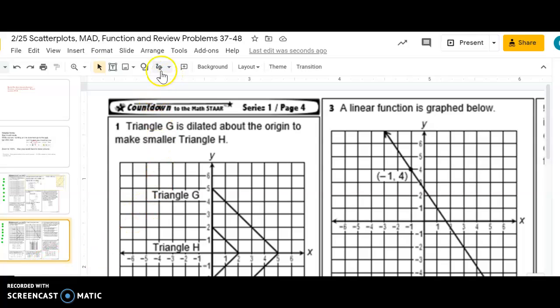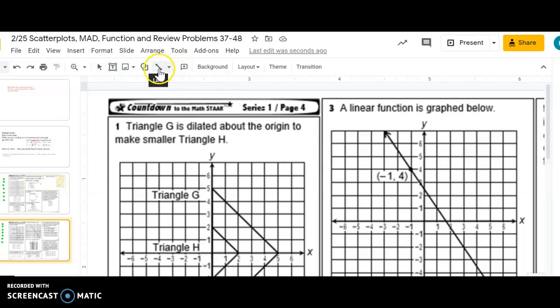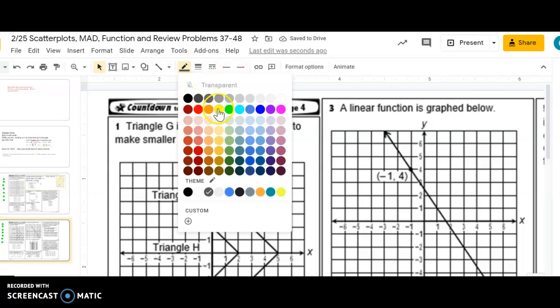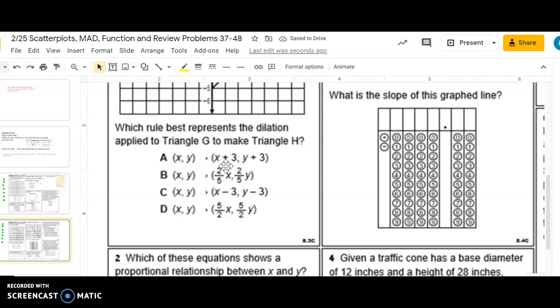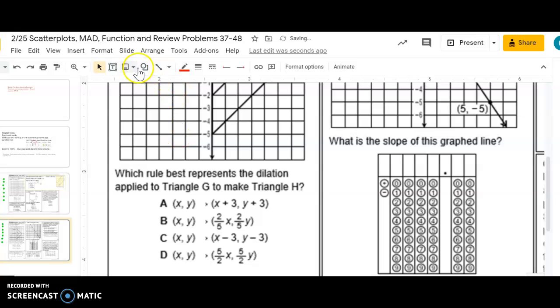Okay, once you see the word dilated, you need to think of multiply. So if I'm thinking dilated multiply, I'm eliminating certain ones automatically. I'm going to eliminate that one, because that's an add. And I'm going to eliminate this one because that's a subtract and it has to multiply.